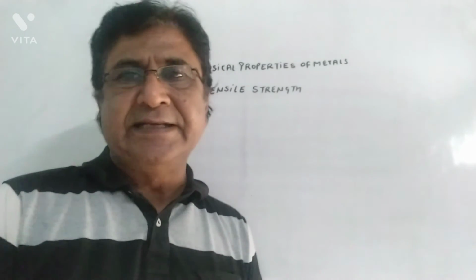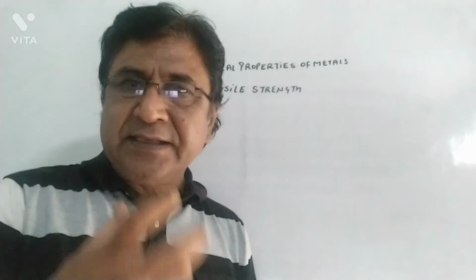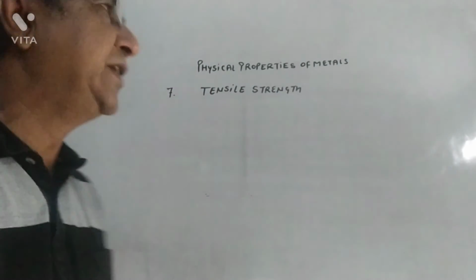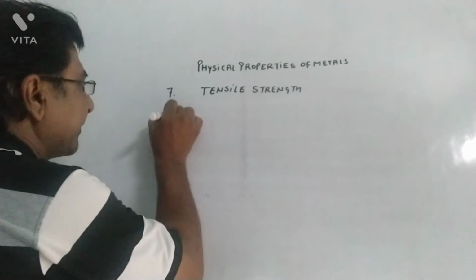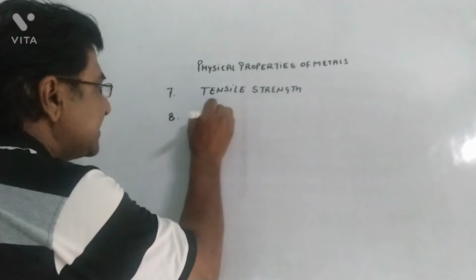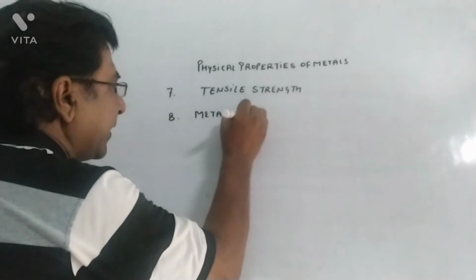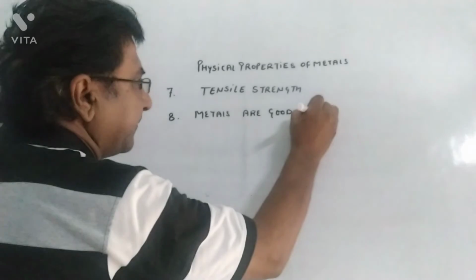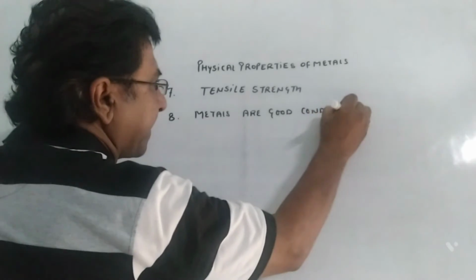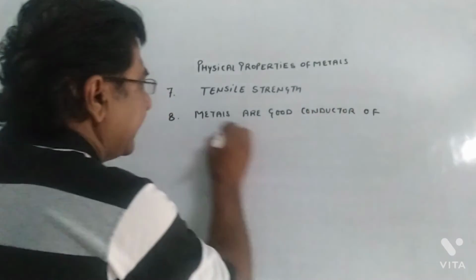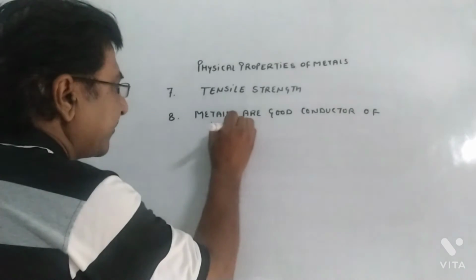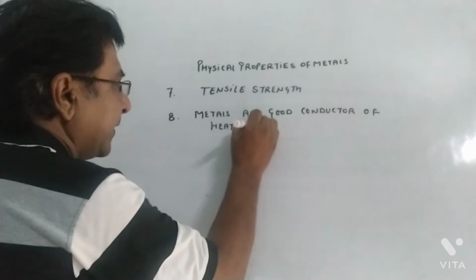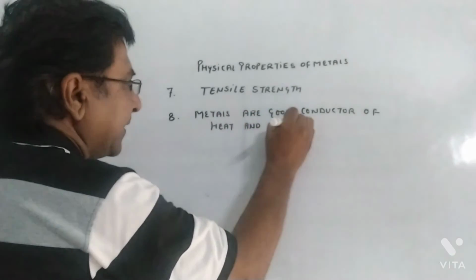The next property is that metals are good conductors of heat and electricity.